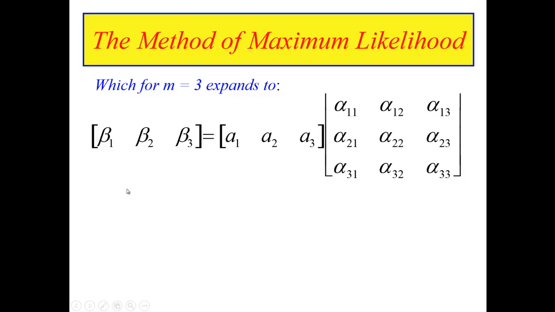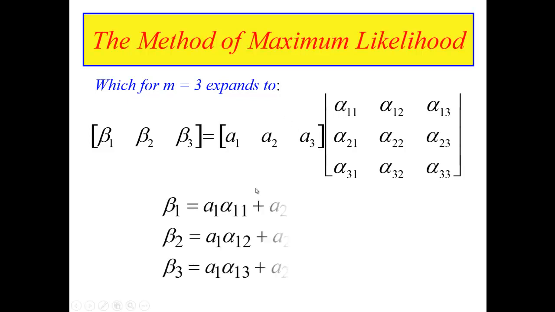So you've probably done this in a math class before, but even if you haven't, Excel allows you to do these kinds of matrix multiplications quite easily as long as you know the elements of each of these matrices.